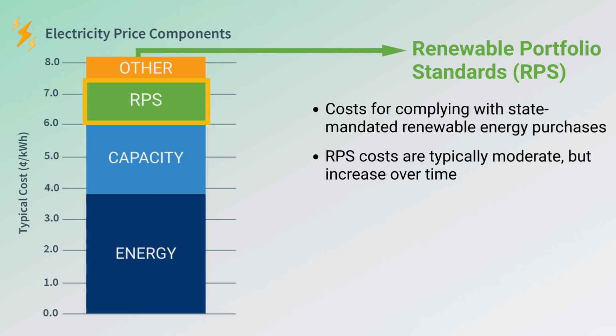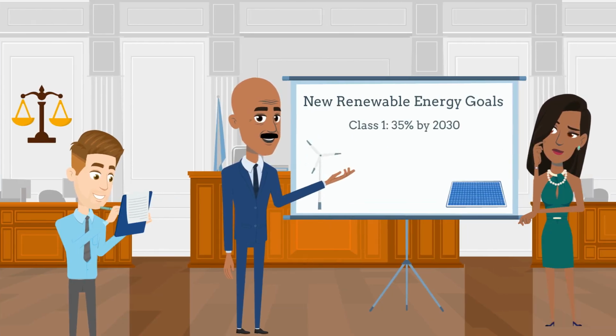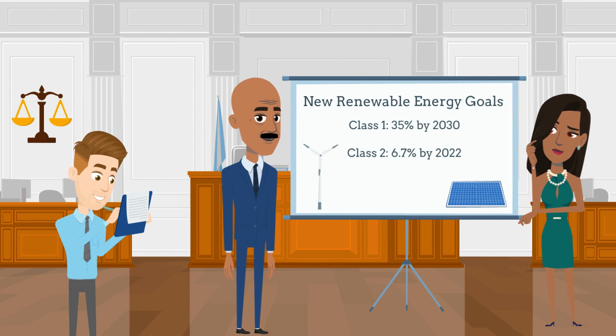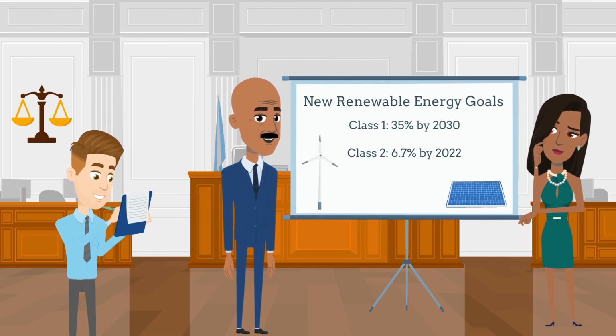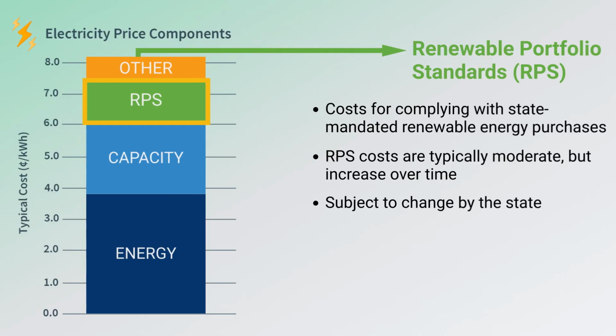They are subject to change by the state. If the state legislature decides we're not going green enough fast enough, they can pass new laws to rapidly expand this. We've seen this happen in a number of states in the Northeast over the last 3 to 5 years. Again, this component can be included in your contract price or excluded. It's typically included in your price.